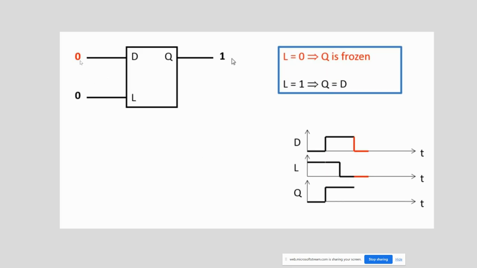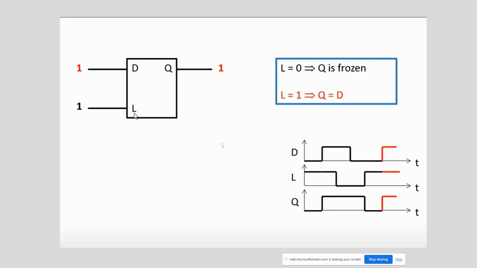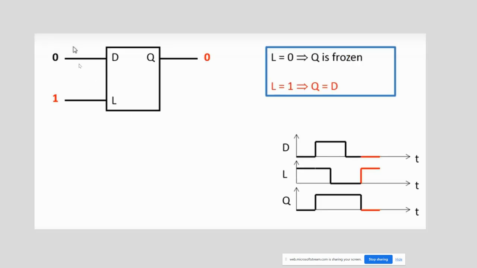And if we have D is 0, L is low as well, then if L is equal to 0, Q is frozen. And L equal 1, that's when we say Q equals D. But we can't say here Q equals D because L here is 0. If we have D is 0, L is high, then Q equals D.